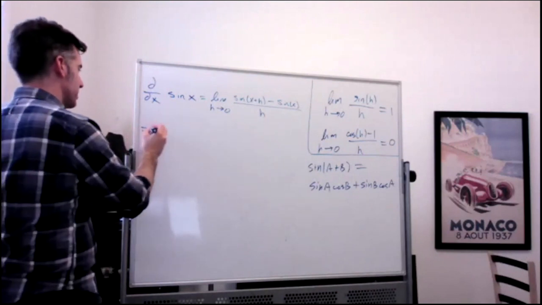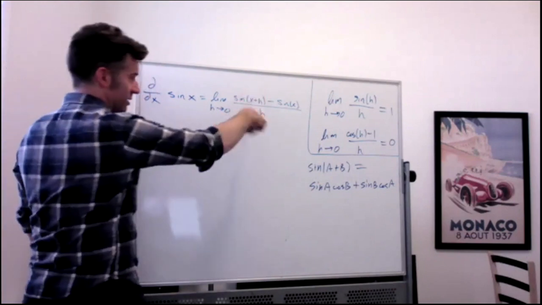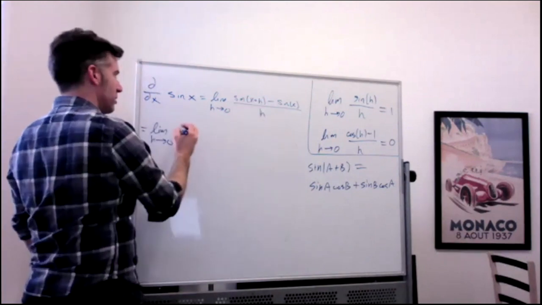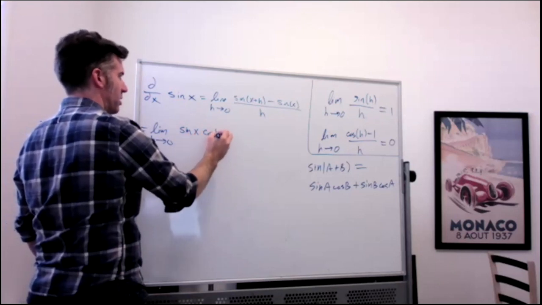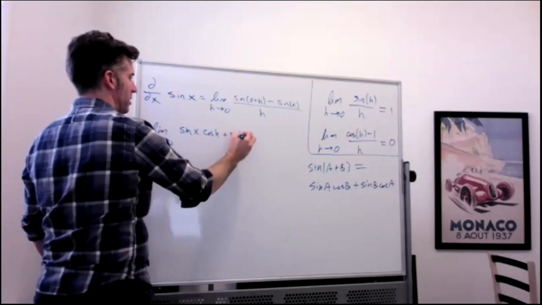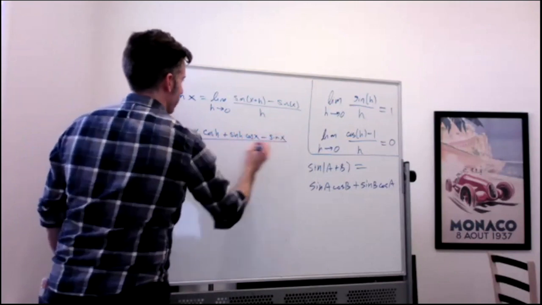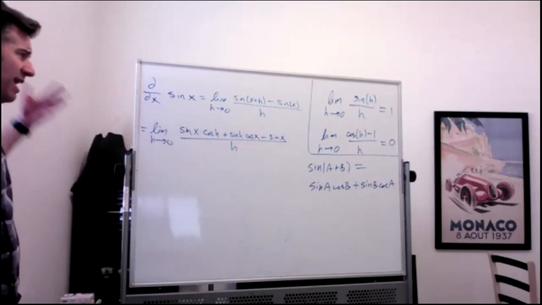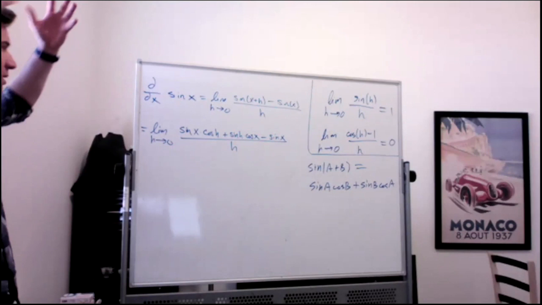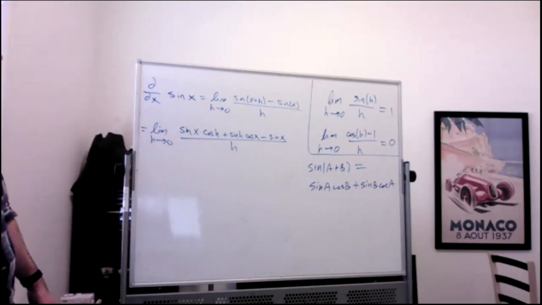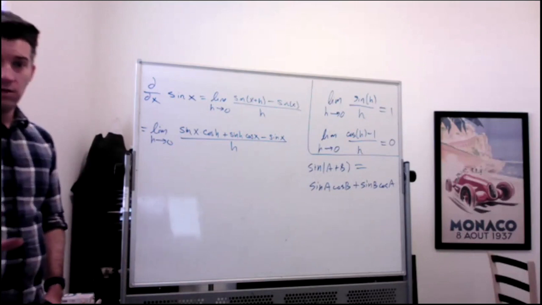So I'm going to write this as the limit as h goes to 0. x is my a, h is my b. So it's sine of x times cosine of h plus sine of h times cosine of x minus sine of x all over h. And you might ask now, what do we do with all that? So here's what we're going to do.